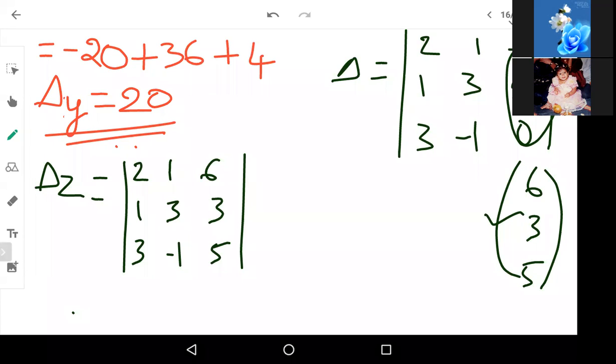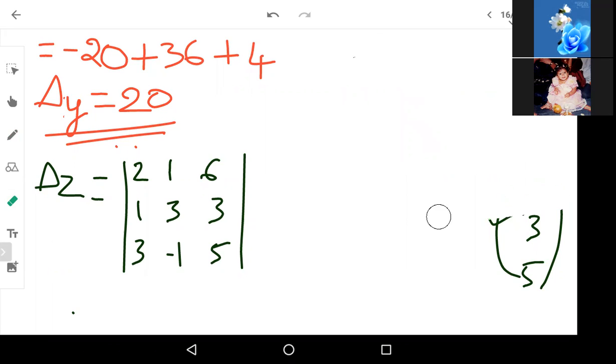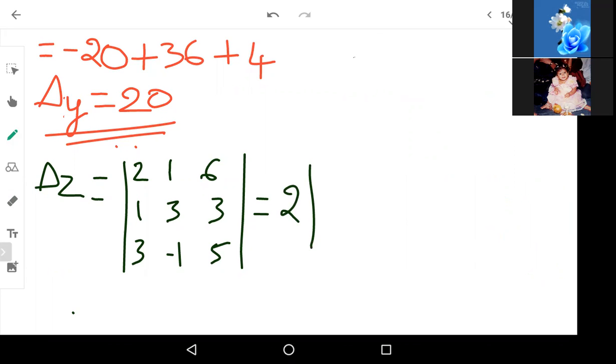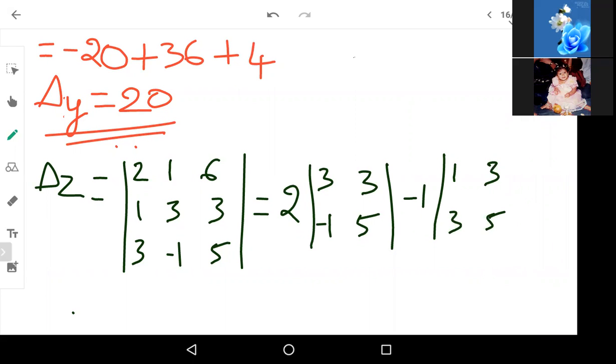Now solve this determinant quickly. Let us finish this problem and then I'll wind up the class. Okay. So 2 into, what is the minor? 3, 3 minus 1 and 5. Then minus 1 into 1, 3, 3 and 5.